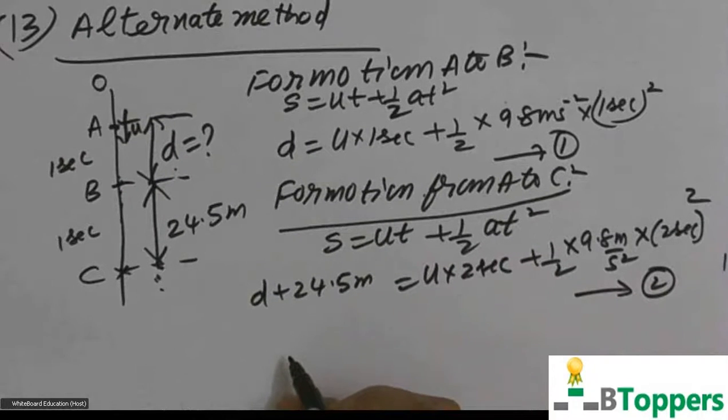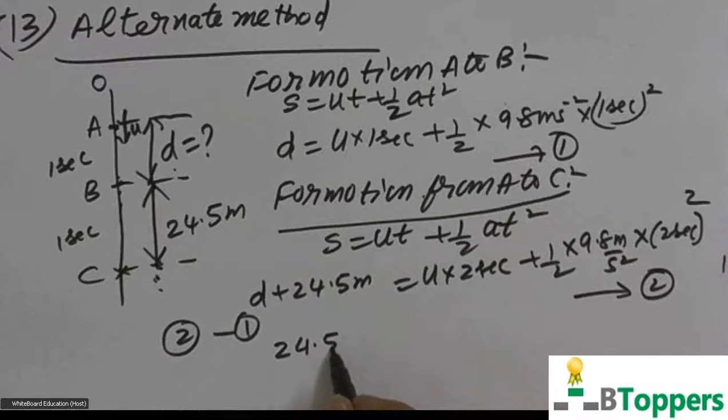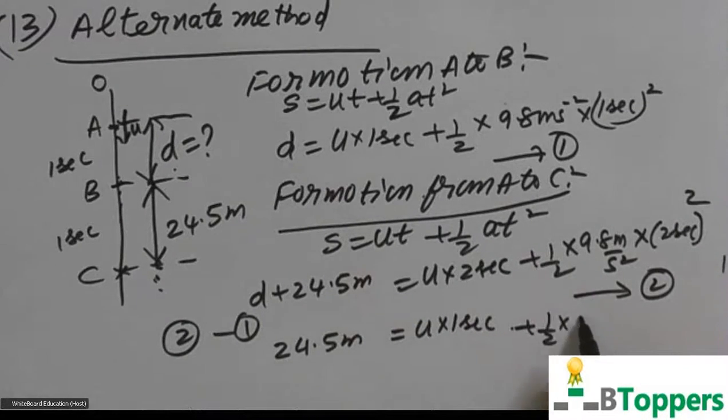If you want to copy the solution of this problem, you can take a pause and copy it. If you subtract equation 1 from equation 2, you get 24.5 meters equal to u into 1 second plus half into 9.8 into 4 minus 1, that is 3, meters.